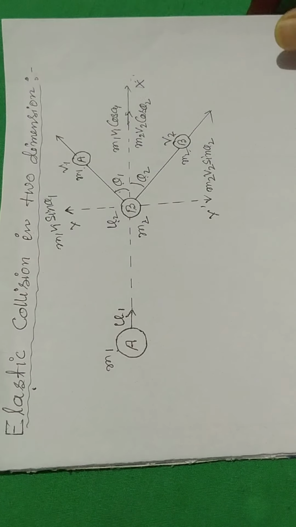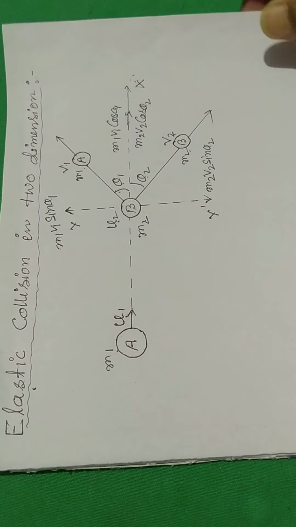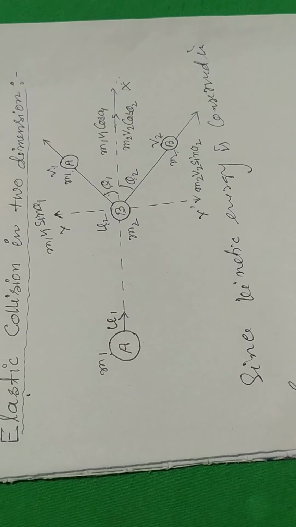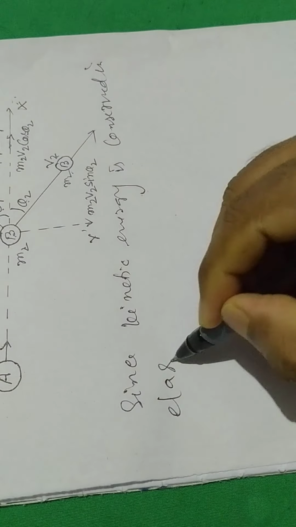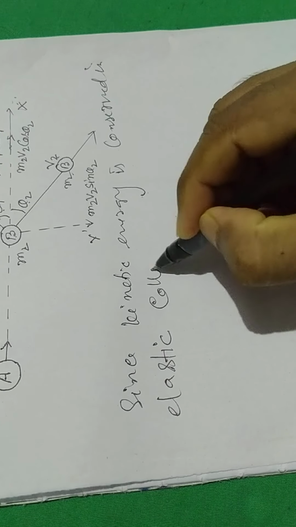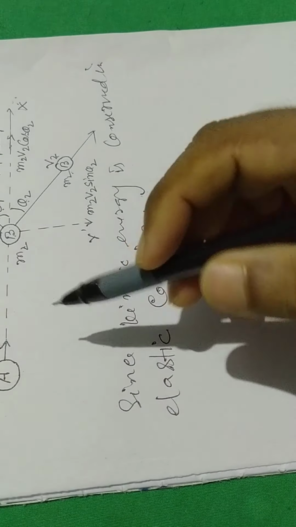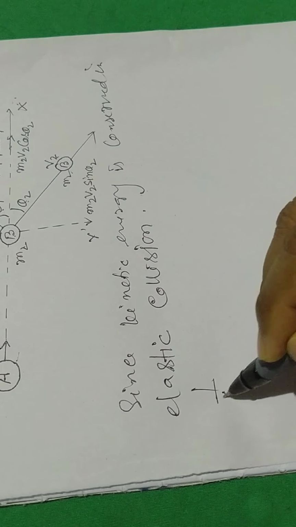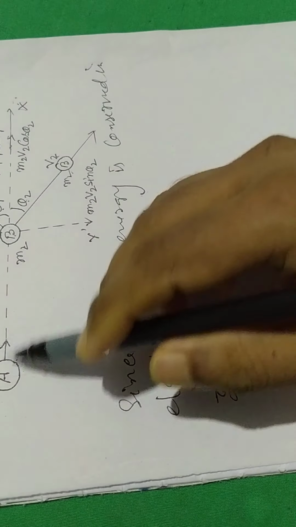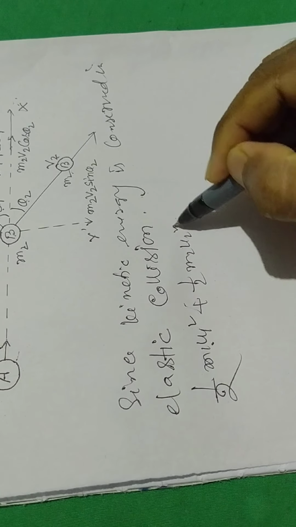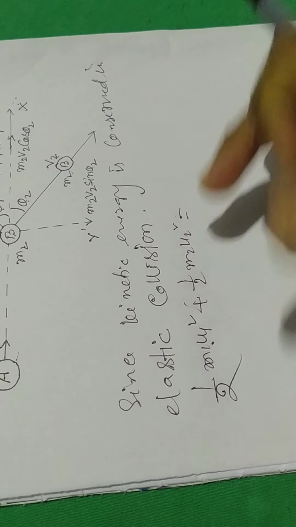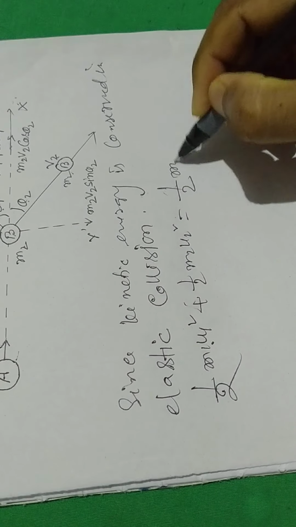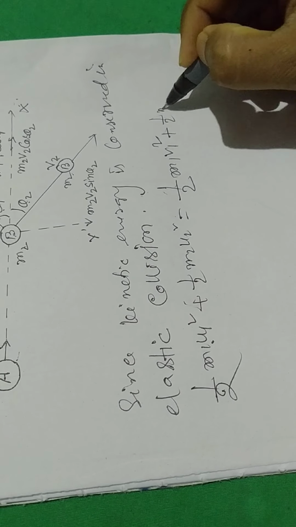Since kinetic energy is conserved in elastic collision, the total kinetic energy before collision is half m1 u1 square, the kinetic energy of body A, plus half m2 u2 square, the kinetic energy of body B. After collision, it is half m1 v1 square plus half m2 v2 square.